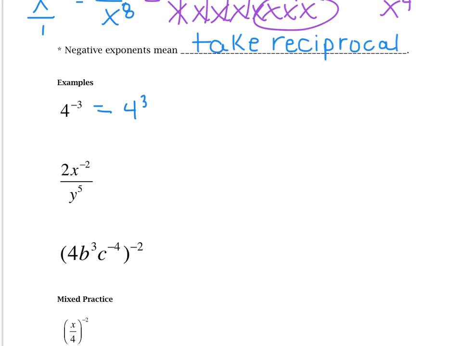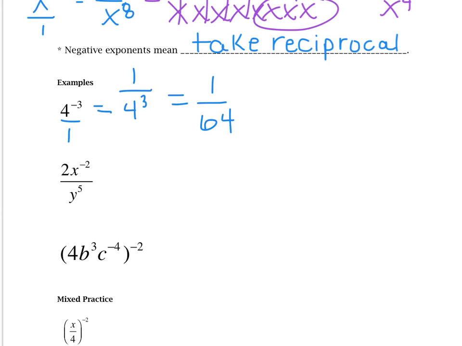So this right now is over 1. We just never would really write it that way. We want to move it so that the 1 is on top, right? And then what is 4 to the 3rd power? It's 64. Remember, it's 4 times 4 times 4. Okay. Happens to the best of us. So 4 to the 3rd power is 64. So our final answer here would be 1 over 64.